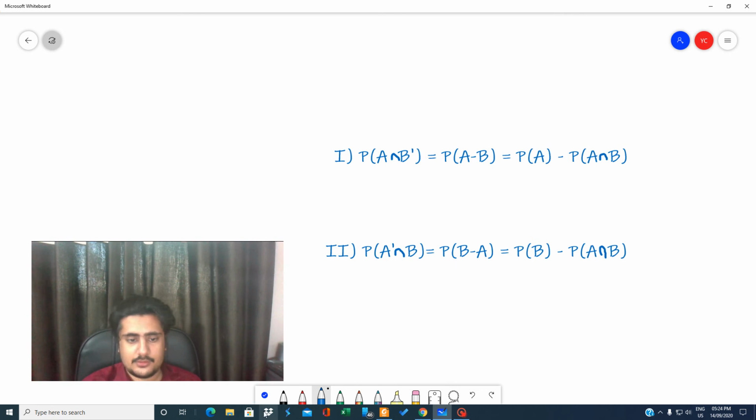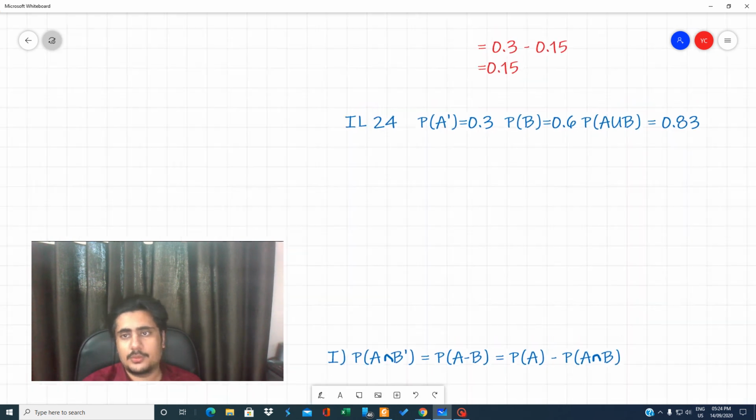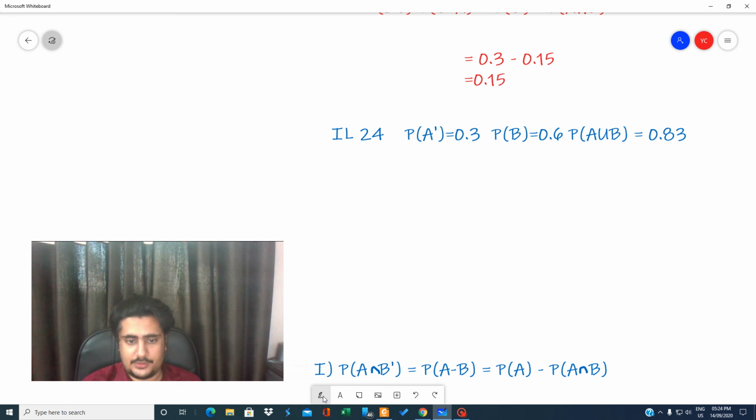So now let's do the procedure to find the intersection. See, there is P of A dash.